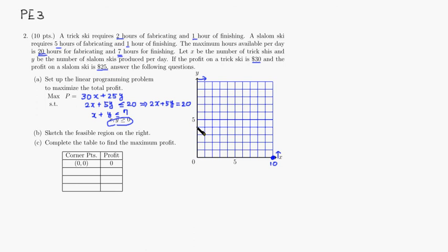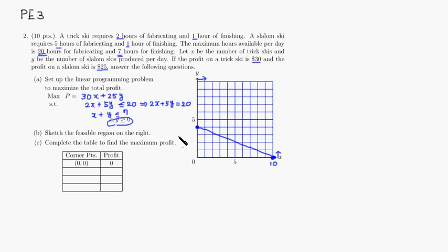So 4 is right here. Then we connect those two points together, so it's going to be something like that.